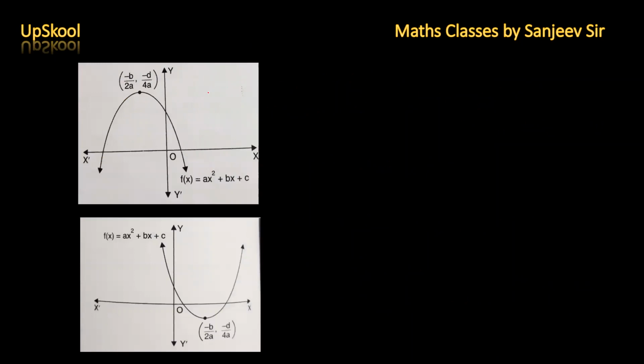In this question, again the parabola is opening downward. a क्या हो गया? Less than 0, that is a is negative.